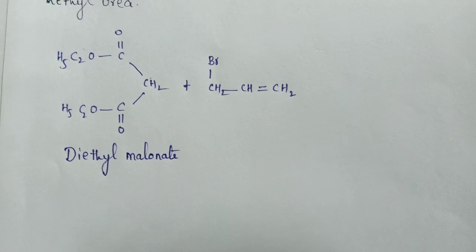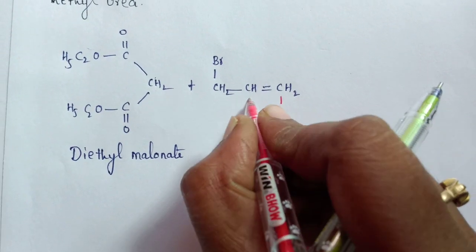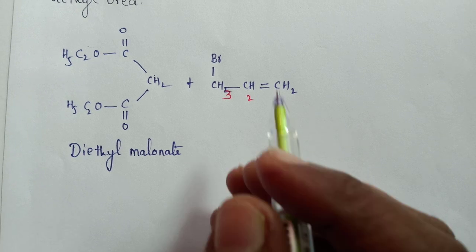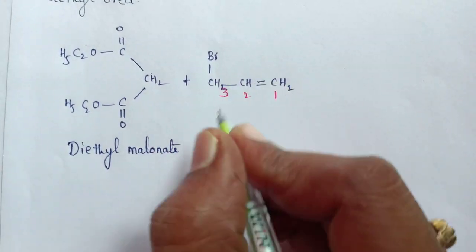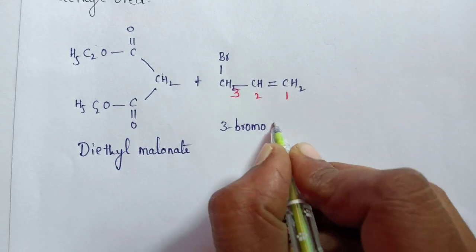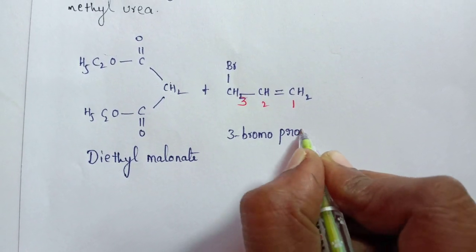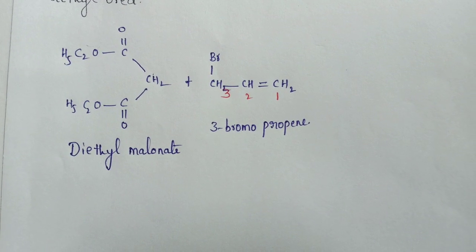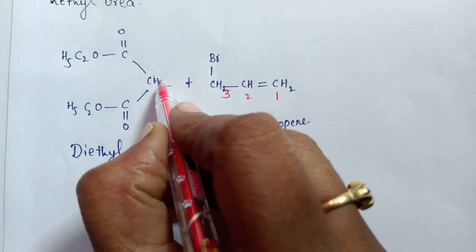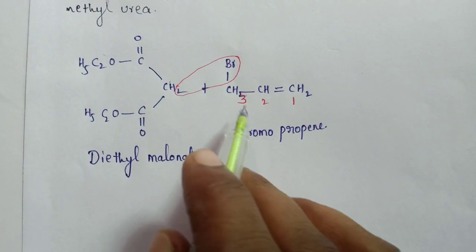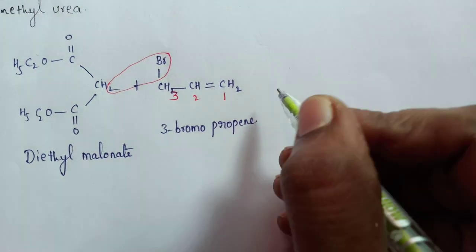And coming to the numbering, 1, 2, 3. So what is the name of this allyl functional group? 3-bromopropene. Here the hydrogen and bromine are both lost as HBr, and this carbon atom attaches to the molecule.